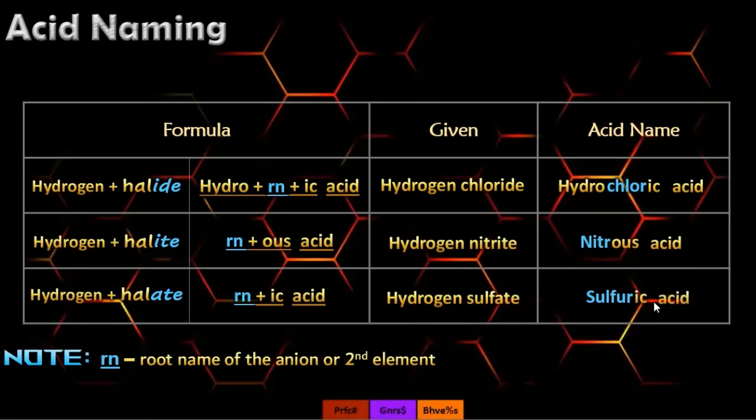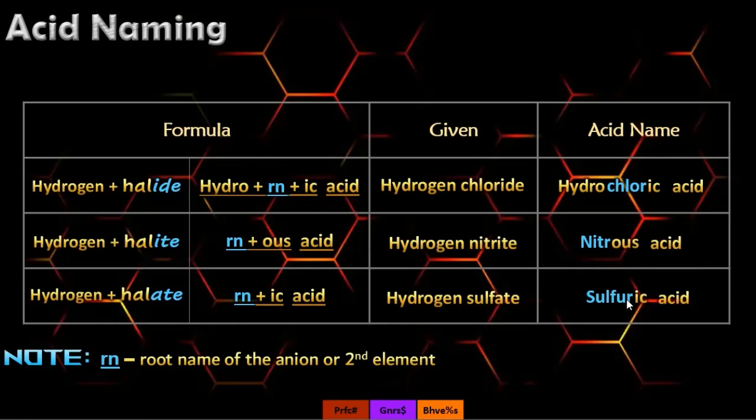Now, one thing you might ask, Ma'am, why is the root name for sulfate in acid naming sulfur, not sulf? Because the ATE in sulfate is also a suffix. Why not use sulf instead of sulfur?